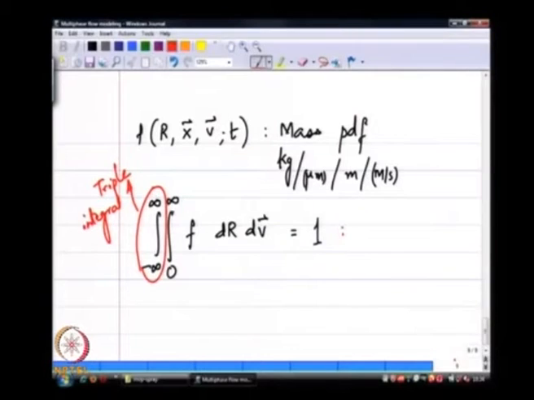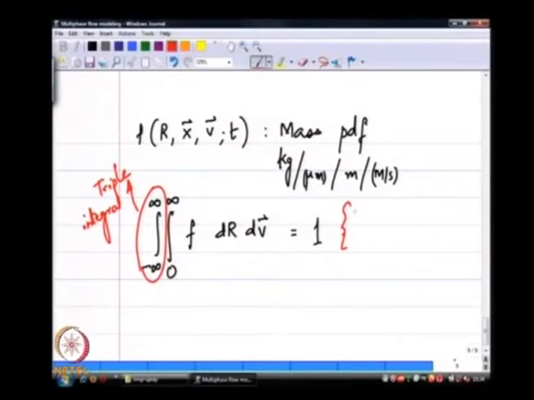Of that count, this integral, minus infinity to plus infinity and 0 to infinity of f dr dv, is the total number of drops found at that point in the volume x to x plus dx.